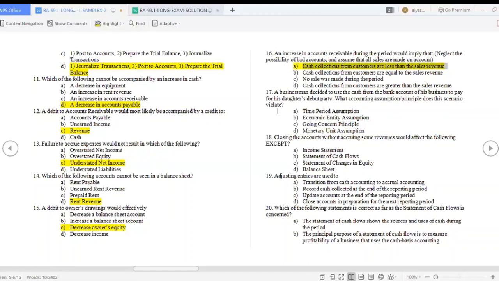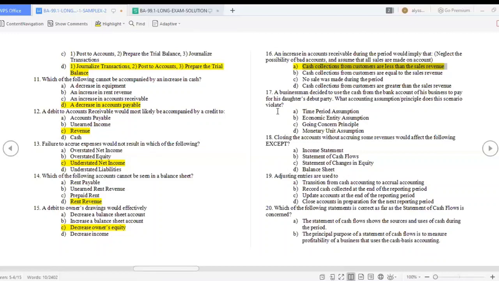Number 17. A businessman decided to use the cash from the bank account of his business to pay for his daughter's debut party. What accounting assumption or principle does this scenario violate? So, from what we have learned, it's the economic entity assumption, which means that a company is a separate economic entity.